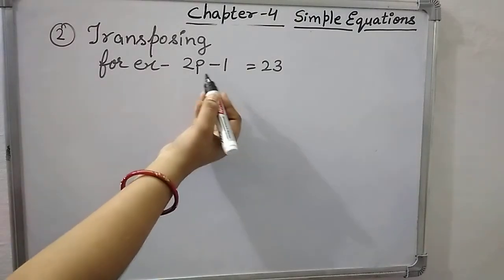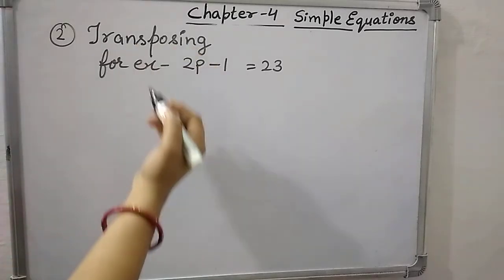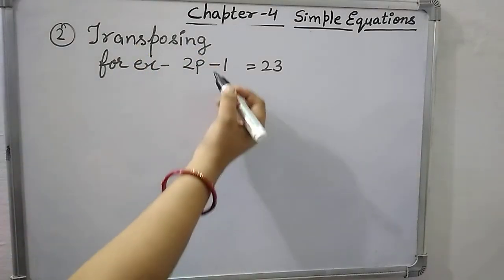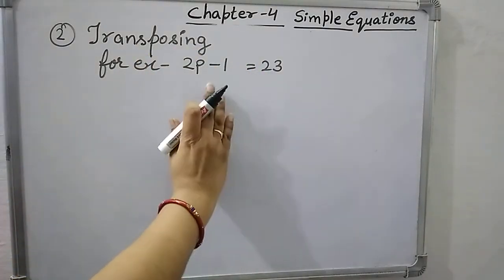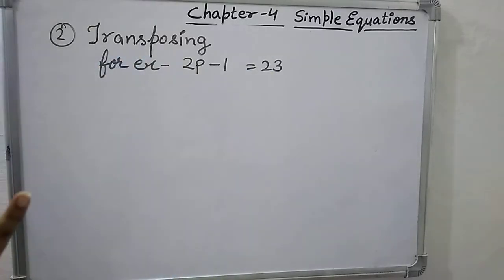So we can see, again, for finding out the value of variable, we need to separate it from these constant values. And in transposing, what we will do, we will change position of these constant values from LHS to RHS or RHS to LHS in order to make our variable separate.